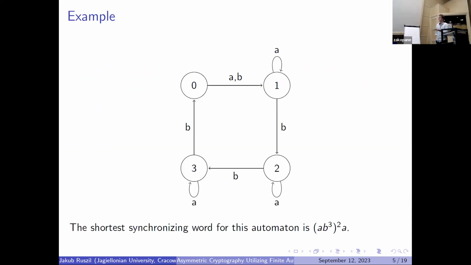The example is easy to check: if we took the word AB cubed squared A and applied it to any state, we will always end up in state 1.